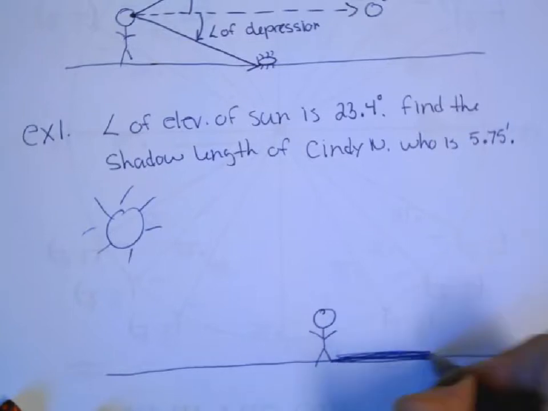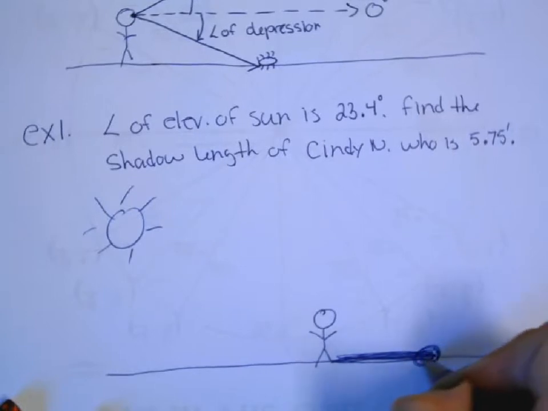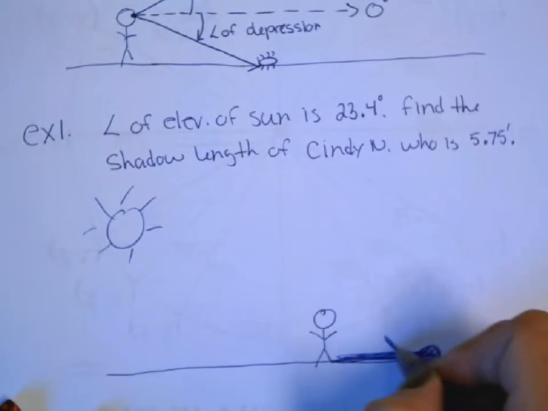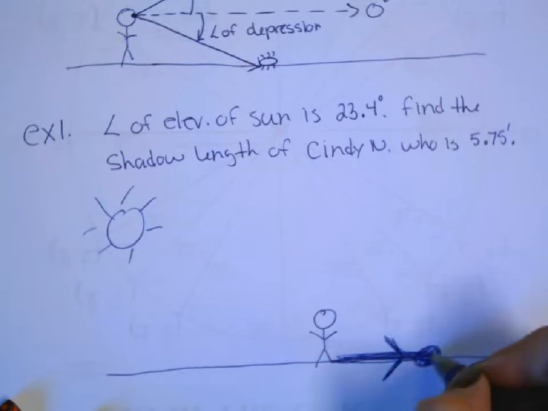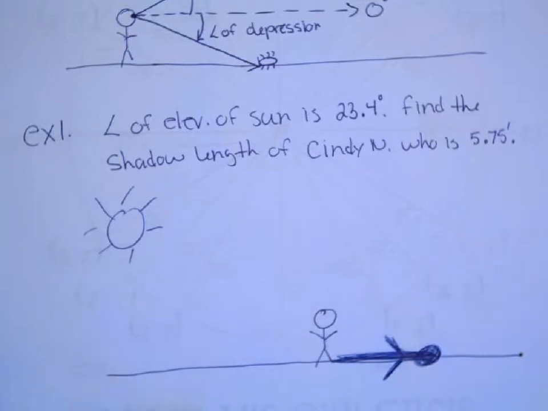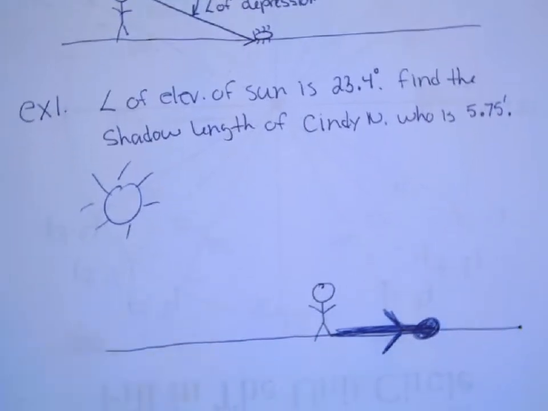Here's her shadow on the ground. The ground is supposed to be flat. It's hard to draw.